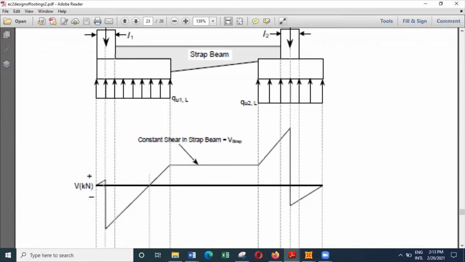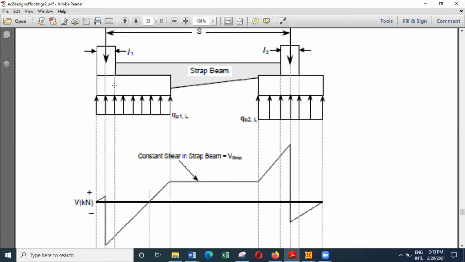We can draw the shear force diagram by considering clockwise shear is positive, anti-clockwise shear is negative. For example, the shear at this particular face is mainly due to this.